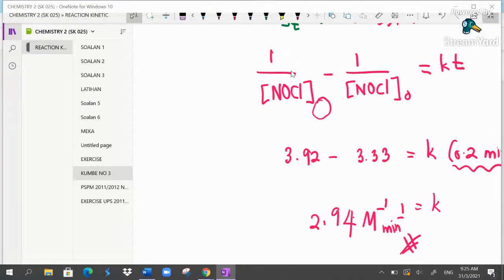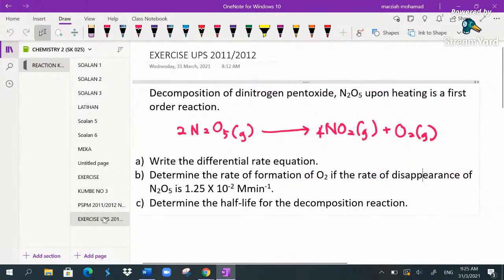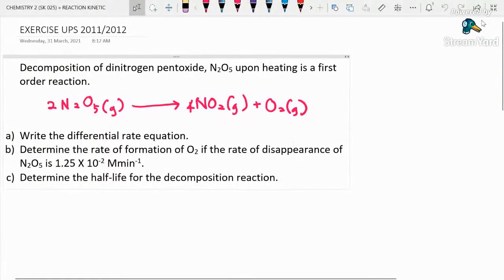Alright, so let's look at another question, which is UPS. Okay, tengok soalan ni. Okay, dapat. Okay, good. Alright, so cuba tengok soalan ni. Siapa yang ada buku pasir boleh tengok soalan UPS 2011-12.